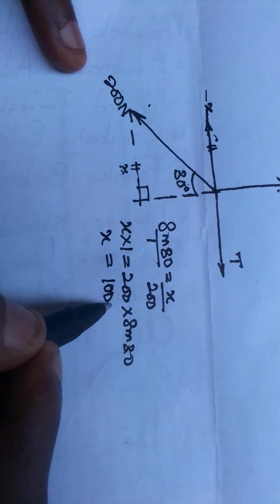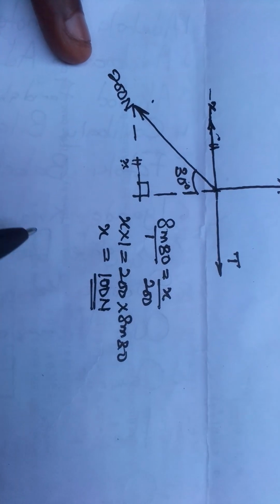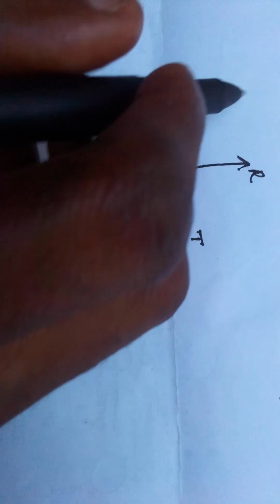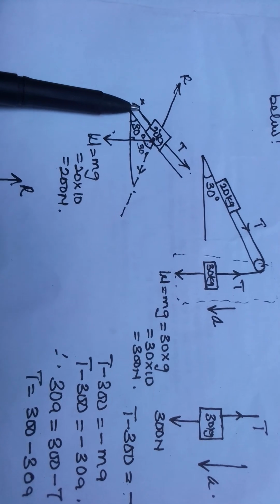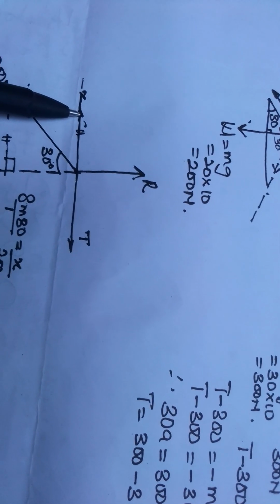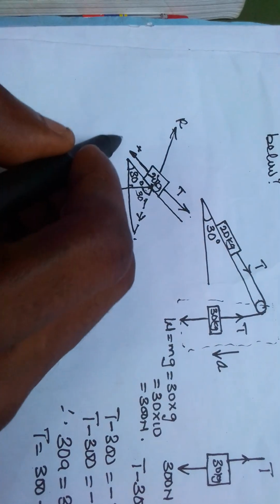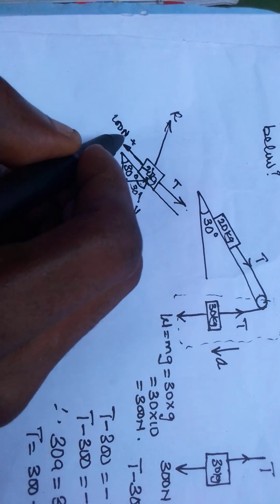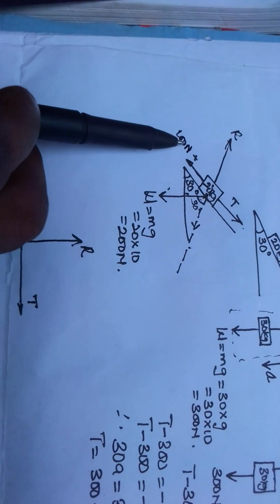So I call this one 100 Newton. That means I have been able to get the force, or tension, along this line. I'm putting 100 Newton here, and also 100 Newton here. That is the total force I have obtained already.